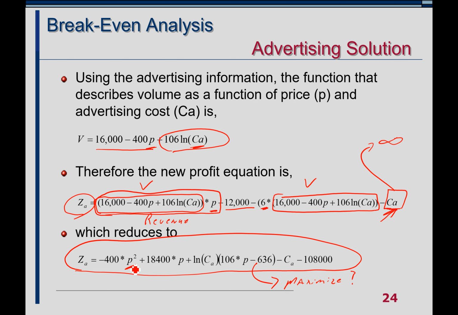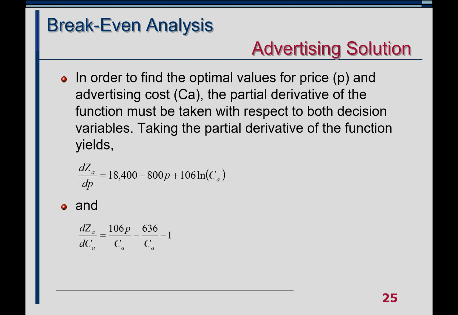We've got a P here, we've got C sub A here, another C sub A here, another P. So we have to figure out what is the optimal value for P and C sub A. Alright, well, how do we do this? Well, the way we do this is you have to take the partial derivative with respect to P and with respect to advertising cost.